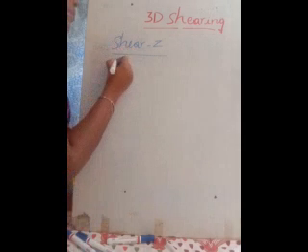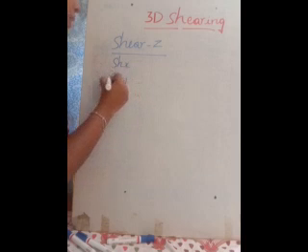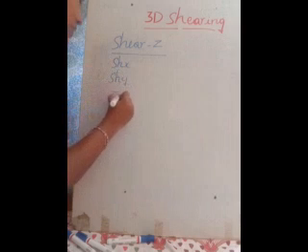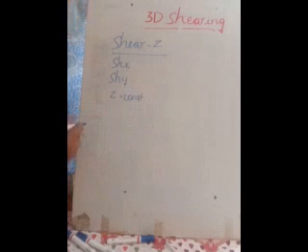SHX is one factor and the other is SHY, and Z will be constant. Why do we keep it constant? We are not changing Z; we are shearing X and Y with respect to the Z axis.